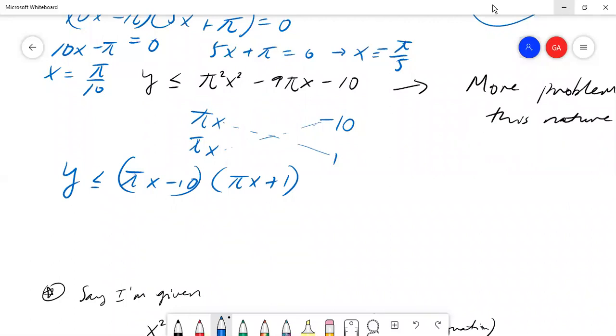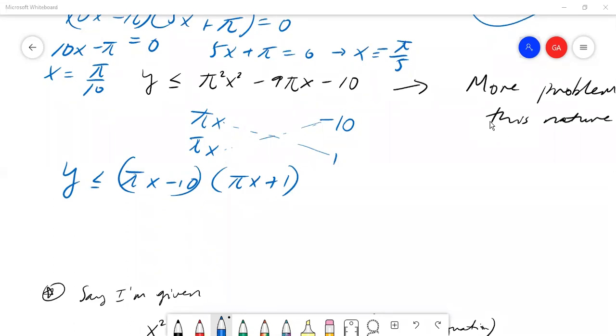So now how do I deal with the inequality? We actually did a problem a lot like this when we were talking about inequalities, but I sort of started with this stage. So I can graph this thing, right?